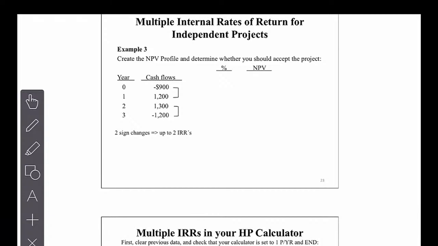And then NPV, an IRR, compute, and I get the negative 29. So negative 29, so here's that question.